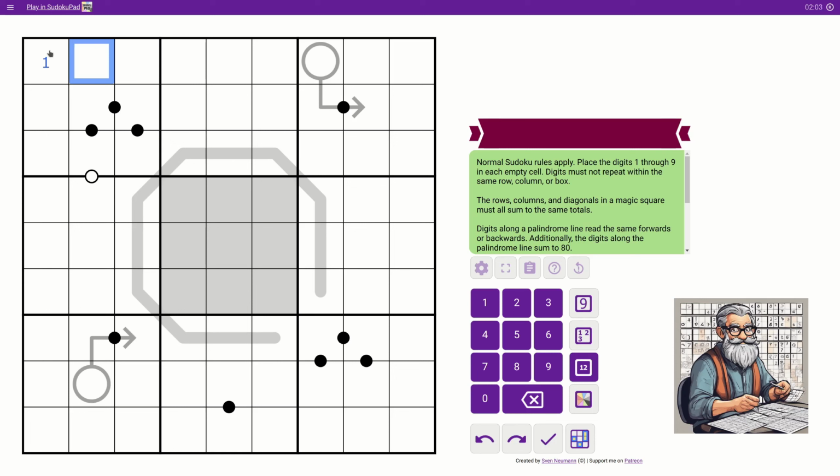So 5, 9. Wow, this is going to be quite a lot, isn't it? 1, 6 and 8. Alright. Well, I started, so I'll finish. I'm not sure if this helps anymore, but alright. 2, 4, 9.